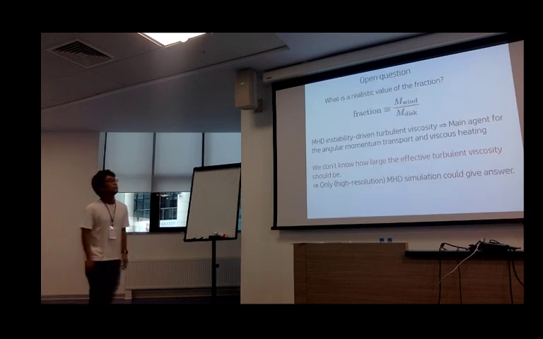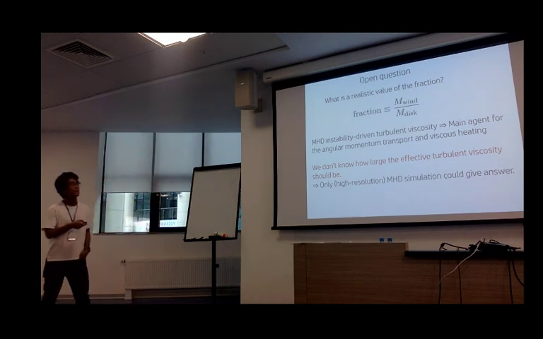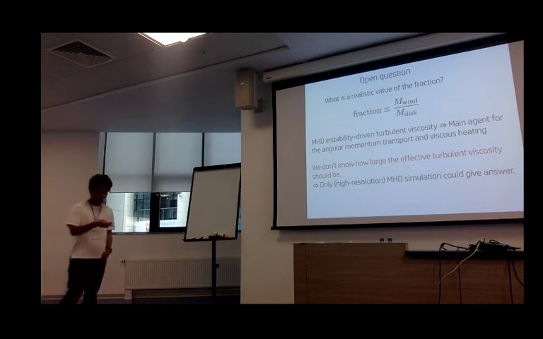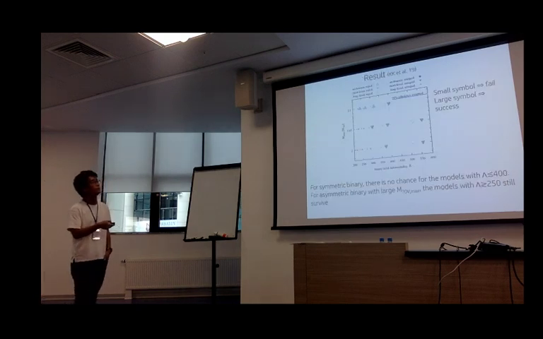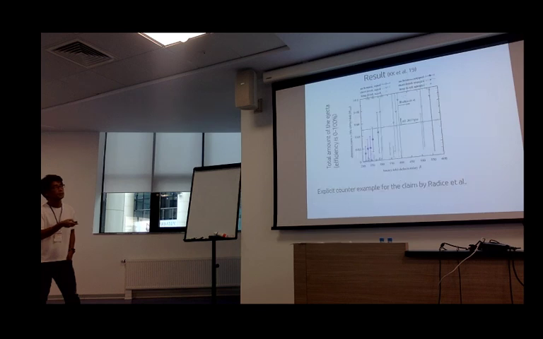So the open question is what is the realistic value of the fraction between the wind mass and the disk mass? Because we didn't account for the magnetic field or neutrino radiation transfer in this simulation, we assume this efficiency by hand. That's the meaning of 0% to 100%.